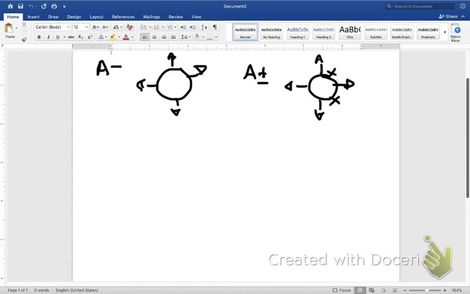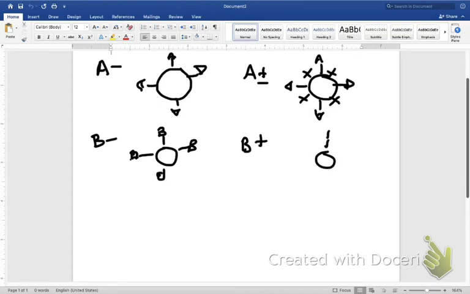So I'm just going to draw it as a plus. So you have two kinds of antigens. If you're B negative, just like before, you have the B, and that's all. If you're B positive, though, not only do you have that B antigen on your surface, but you also have this second antigen called the rhesus antigen on your surface.